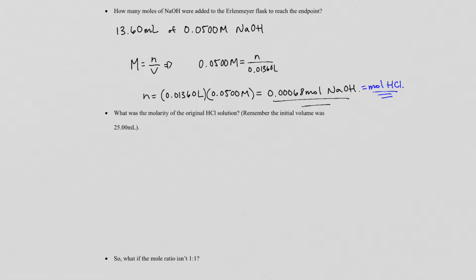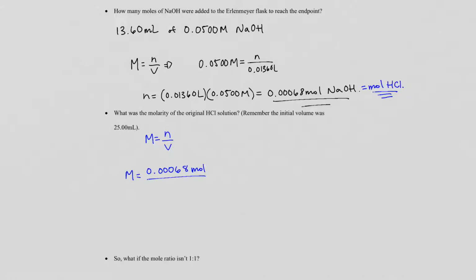If we need to calculate the molarity of the hydrochloric acid now, we know our moles of HCl. So molarity equals number of moles over volume. In that situation, all we have to do is go molarity equals 0.00068 moles over, and then I just put a little reminder here.